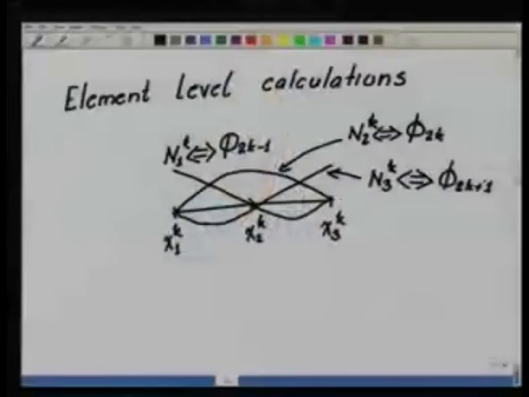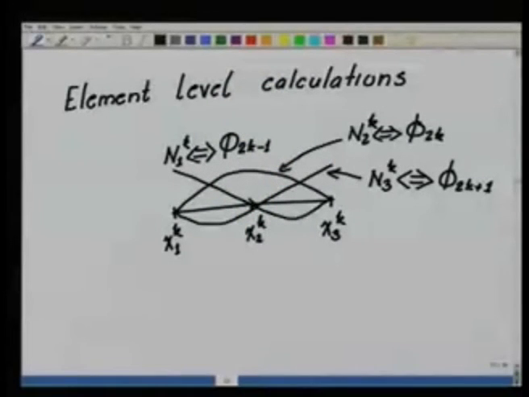And which columns of these rows are going to be non-zero? The columns which are going to be non-zero for each of these rows are the 2k minus 1, 2k, and 2k plus 1. To these columns only the element is going to contribute. To none of the other columns it is going to contribute.